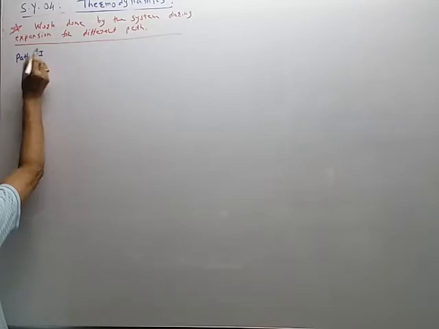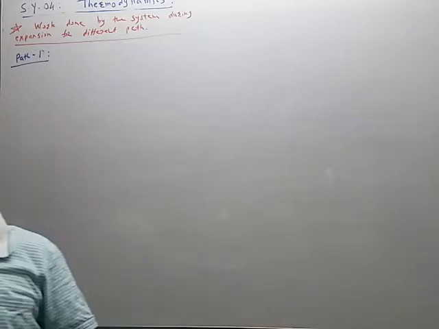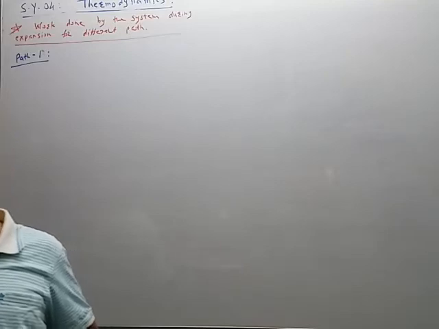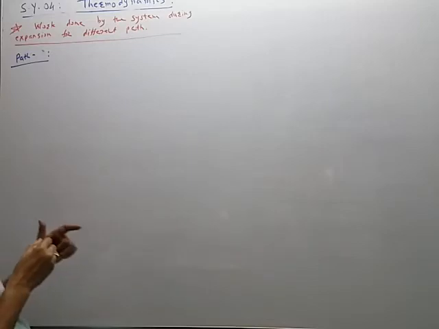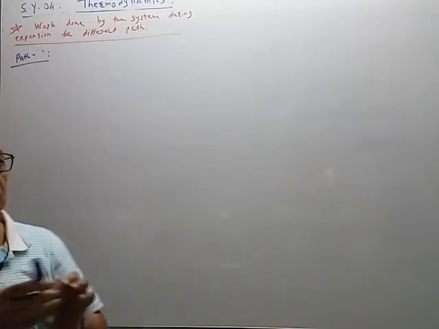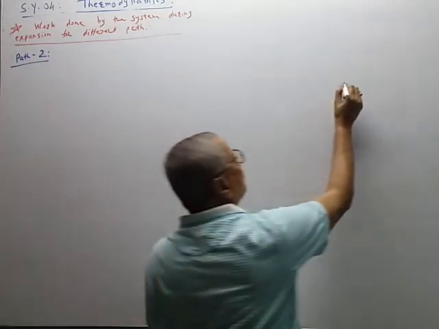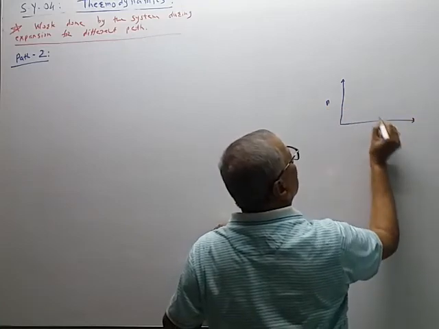Path 1. We are using the previous figure. Sorry, that we have shown by path 2. So the last diagram was this: pressure, volume.